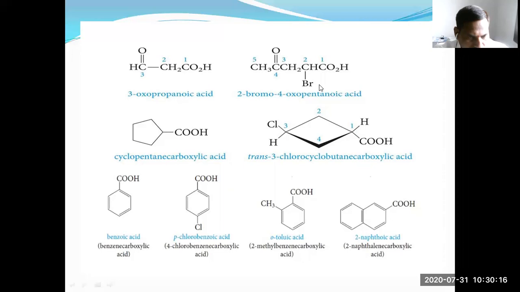So we give the name 2-bromo-4-oxopentanoic acid. This is a cyclopentane ring attached to the carboxylic group. The name of this compound is cyclopentane carboxylic acid.